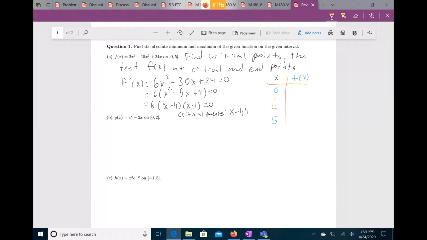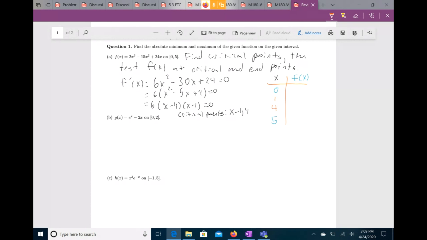We just plug these into the original function. Remember, you plug these into f, not f prime. If you plug 1 and 4 into f prime, you're just going to get 0, because that's how we found 1 and 4.